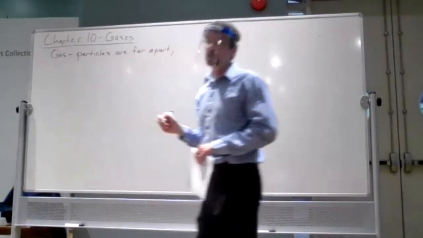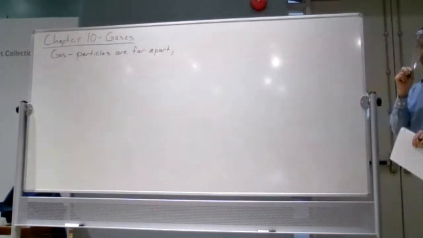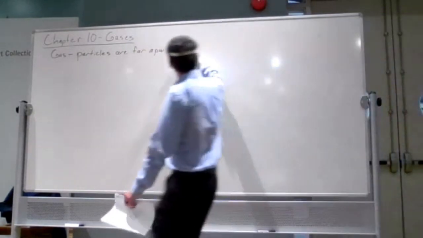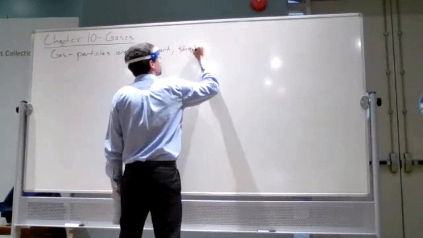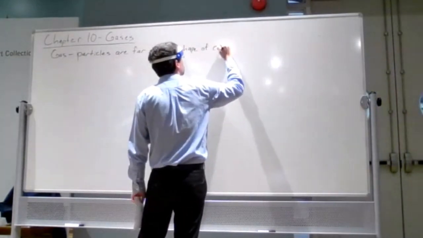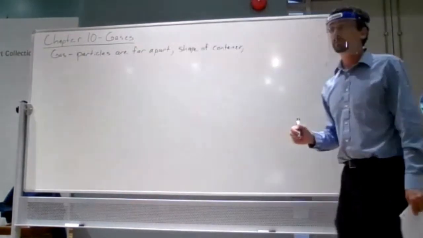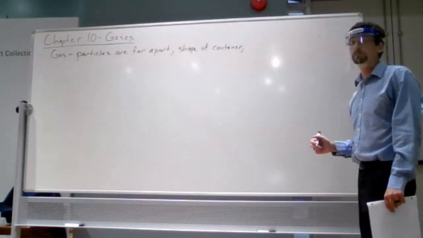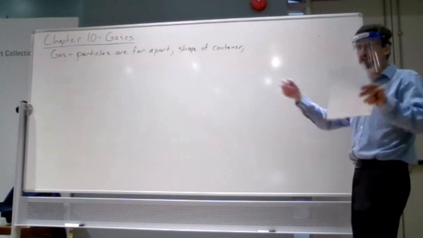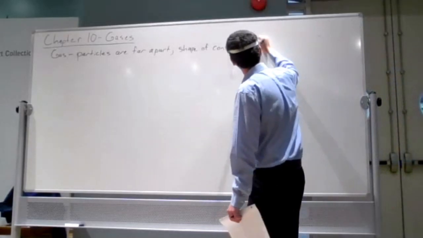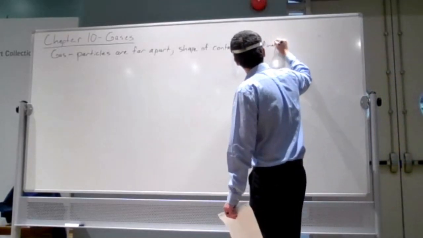What do you know about its shape? What shape will the gas assume? Yeah, whatever its container is. Shape of container. What about its volume? Yep, it's indefinite. It'll take the volume of whatever container it's in, right? So indefinite volume.